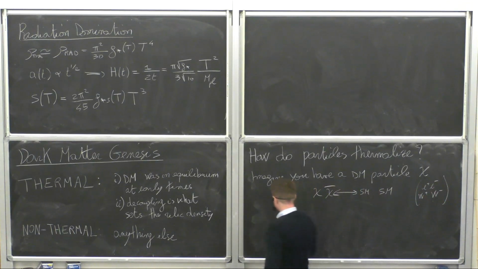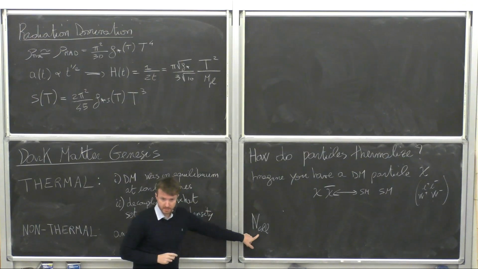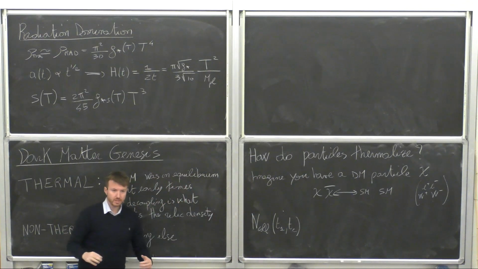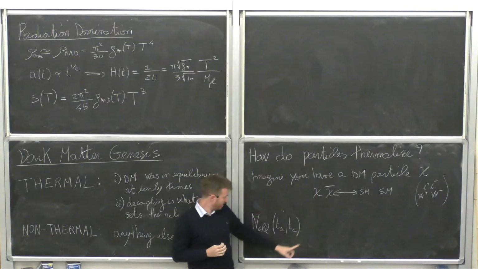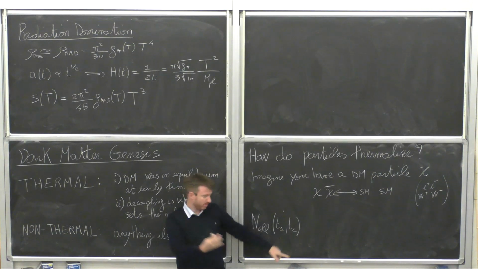So it's interesting to do the following estimate. To estimate the number of collisions between times T1 and T2. I wonder how many of these collisions happen between T1 and T2, where T1 is less than T2, of course. Okay, I'm going forward in time.